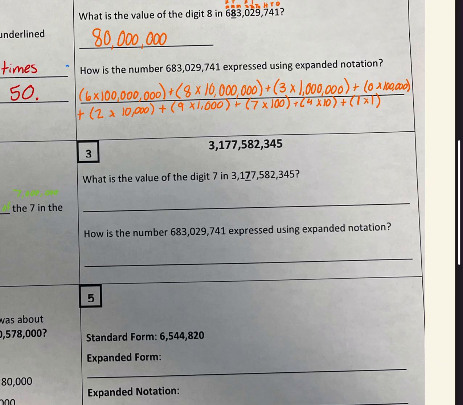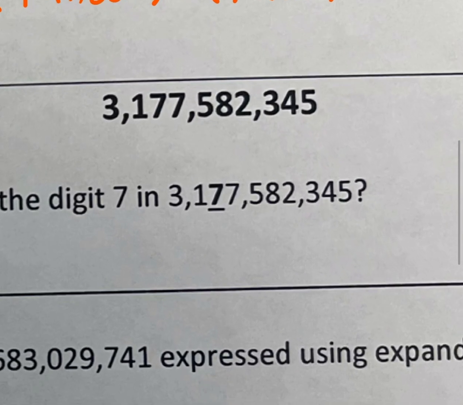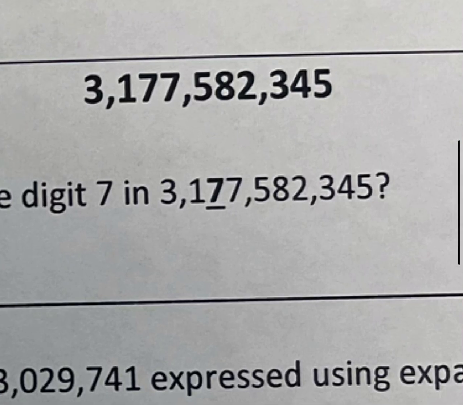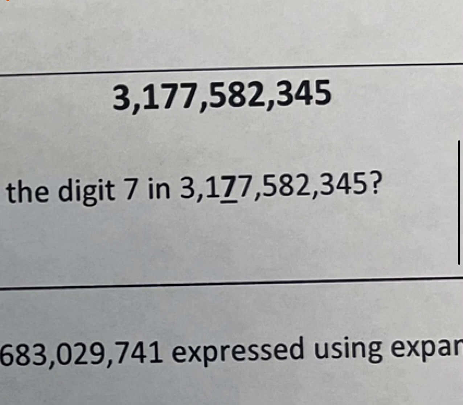Number 3. All right, so we're back to thinking about the place value of things. What is the value of the digit 7 in 3,177,582,345? Remember, what I like to do is go through and label the places to help my brain process it. So my ones, my tens, my hundreds, thousands, 10,000, 100,000.